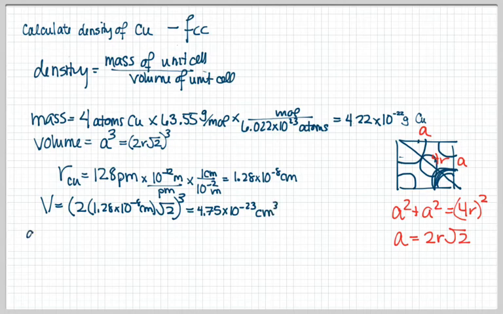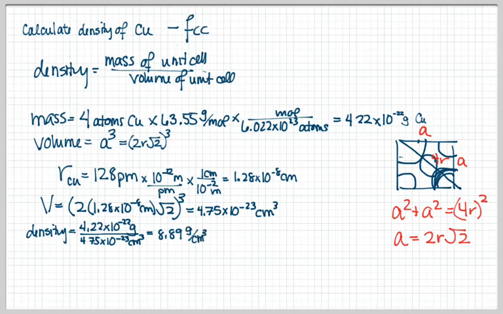Now to go back to finding density, we're going to put the mass over the volume. So the mass we found was 4.22 times 10 to the minus 22nd grams of copper per unit cell, and the volume of the unit cell was 4.75 times 10 to the minus 23rd cubic centimeters. So that means that the calculated density based on the atomic radius of copper is 8.89 grams per cubic centimeter.